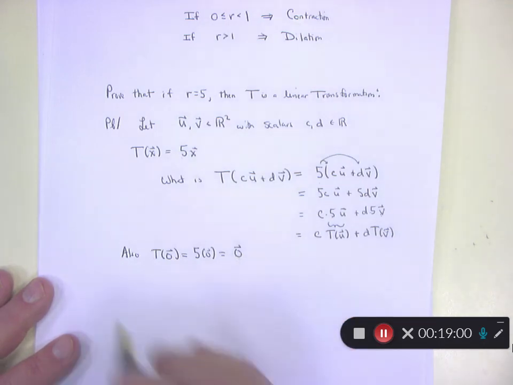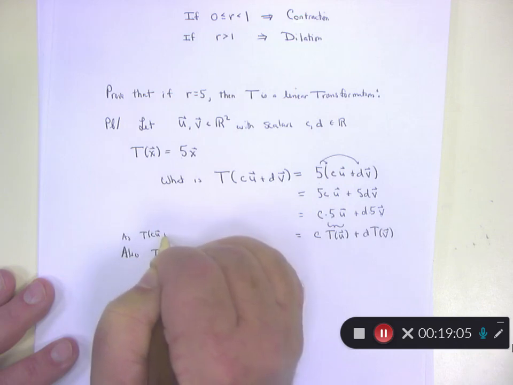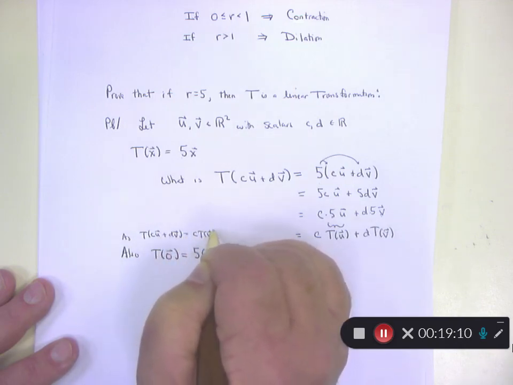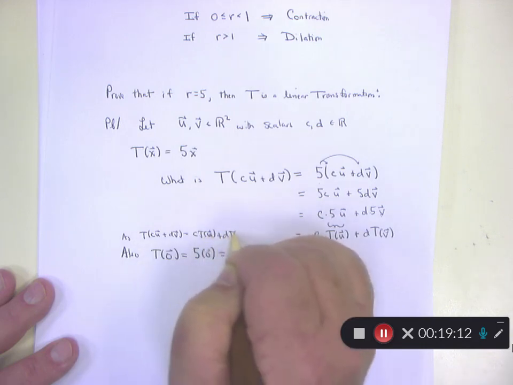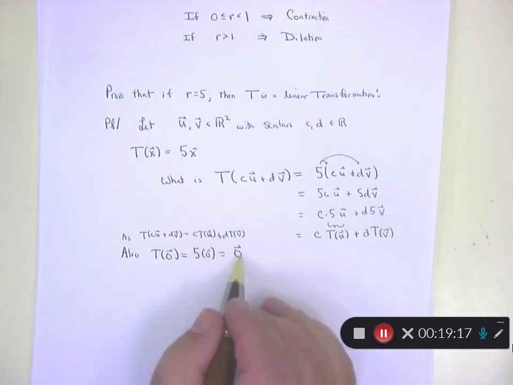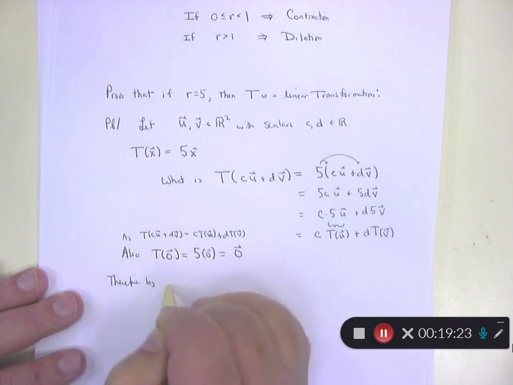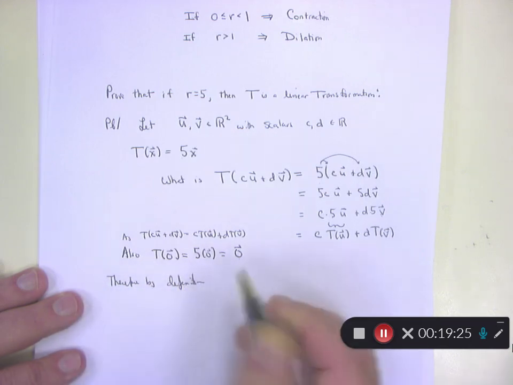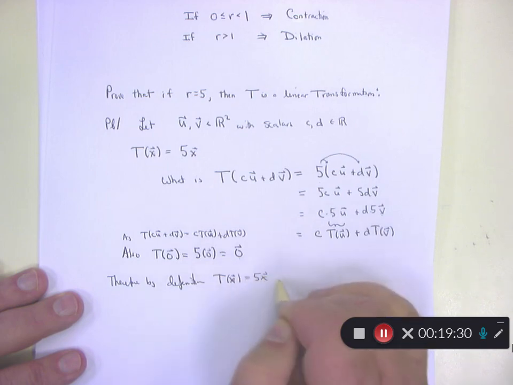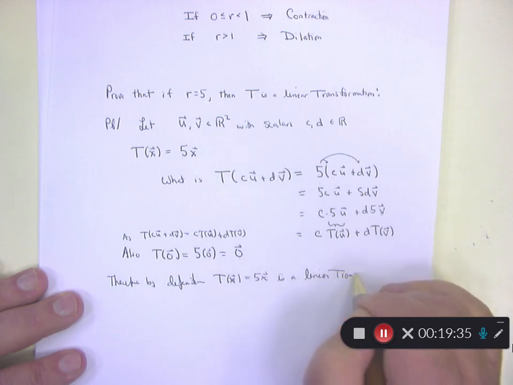So, putting it up here, T of cu plus dv is equal to c T of u plus d T of v, and as T of 0 vector is equal to 0 vector, therefore, by definition, T of x being equal to 5 times x is a linear transformation.